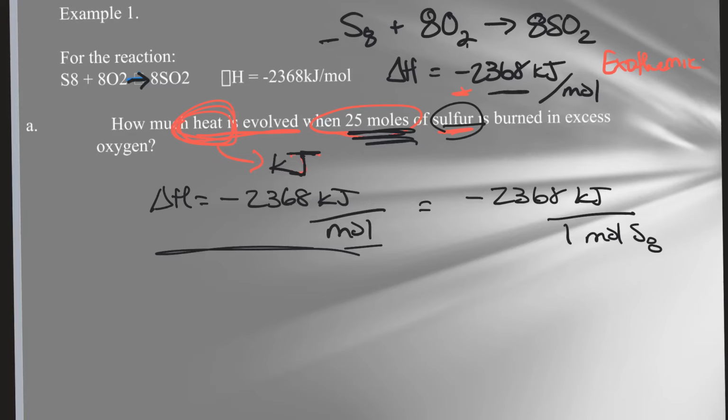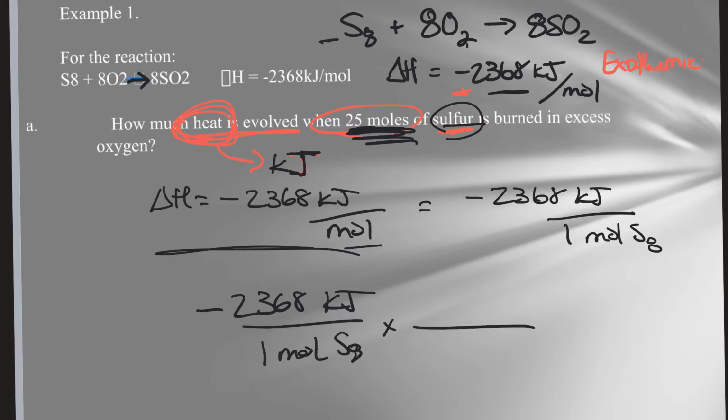Now if we want to know the energy for 25 moles, we can simply use dimensional analysis. Negative 2,368 kilojoules per 1 mole of S8. How many moles of S8 are we talking about in this problem? 25 moles.